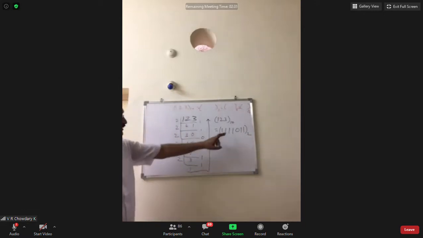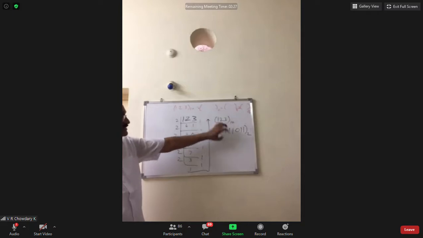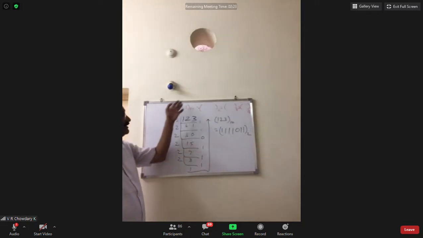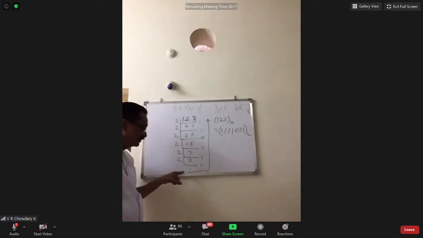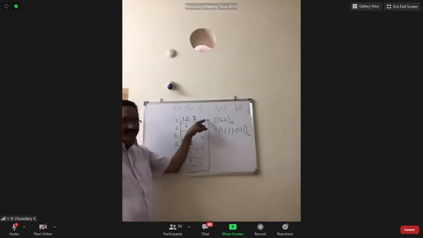So this is the equivalent binary value. To convert the given decimal number into binary, you have to divide the given decimal number successively by 2 and note down the remainders in the reverse order.